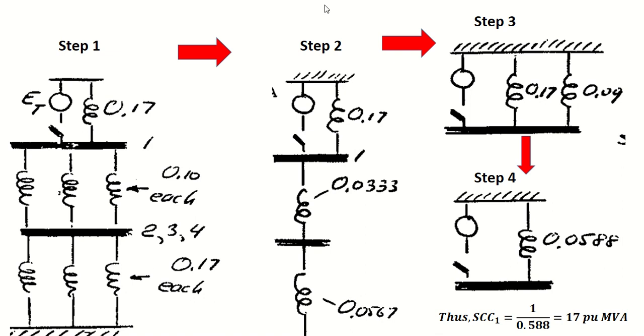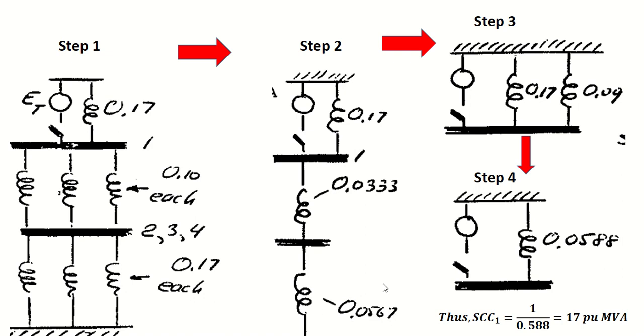Clear? Okay. Now, step 2. What are we going to do? These inductances here we can add in parallel. Adding the line inductances in parallel, 0.1 in parallel with 0.1 in parallel with 0.1 will give you 0.0333. And the 3 generator transformer reactances in parallel will give you 0.0567.